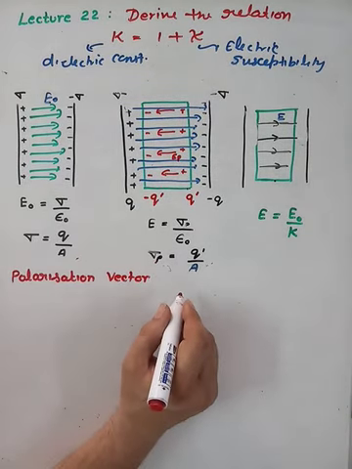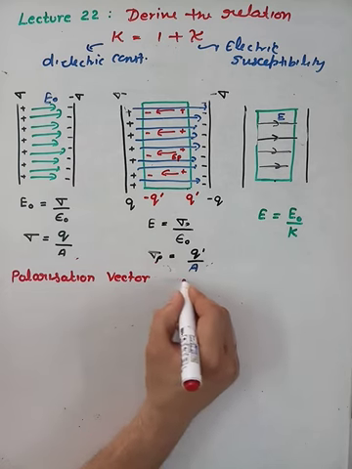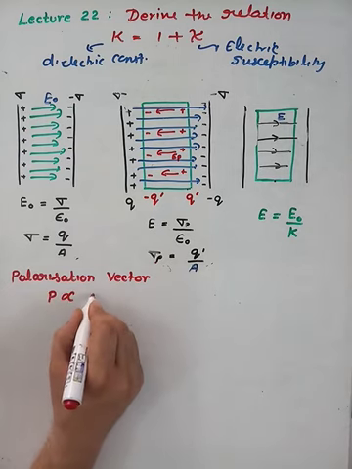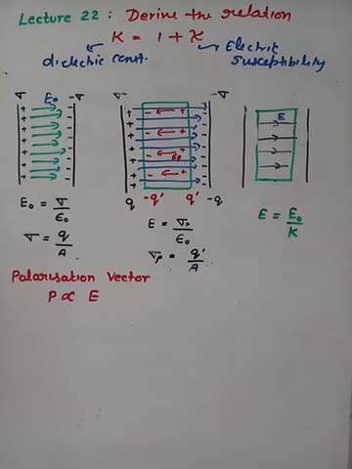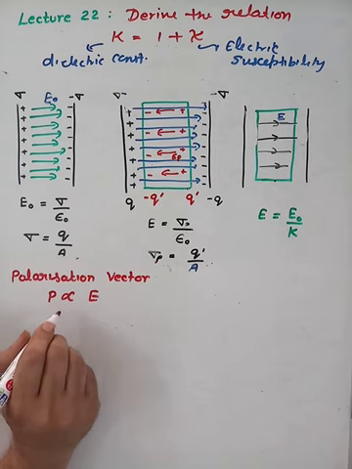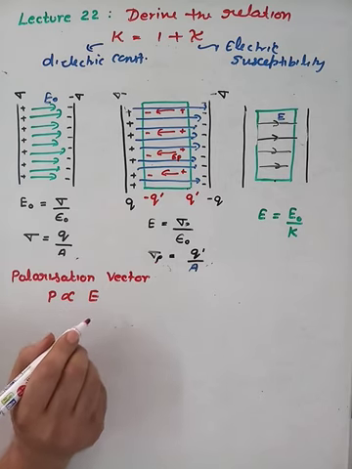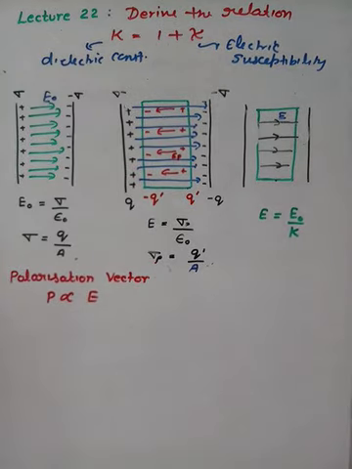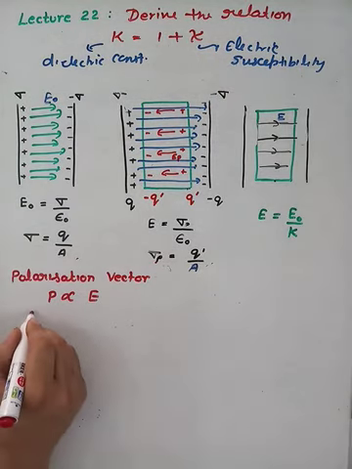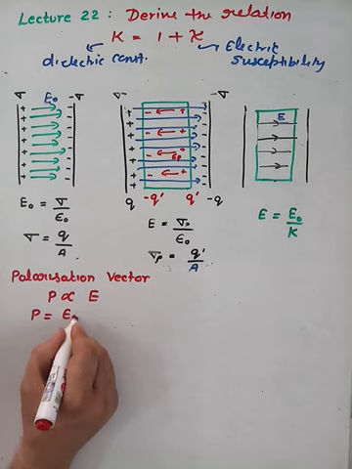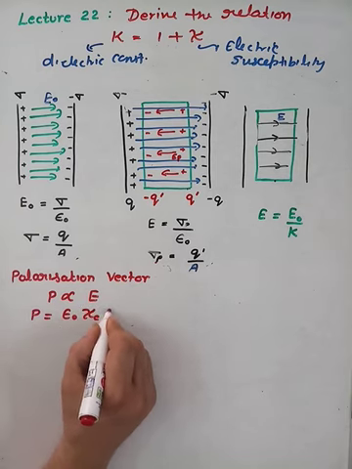The polarization vector P is directly proportional to the electric field E. That means for a linear isotropic dielectric, P is proportional to E. The proportionality sign is removed by a constant, which is epsilon naught times the electric susceptibility, into E.